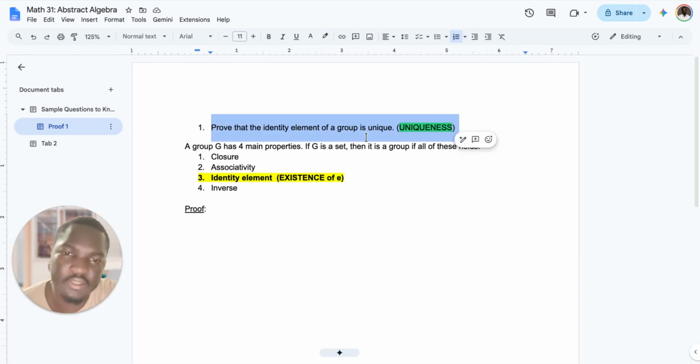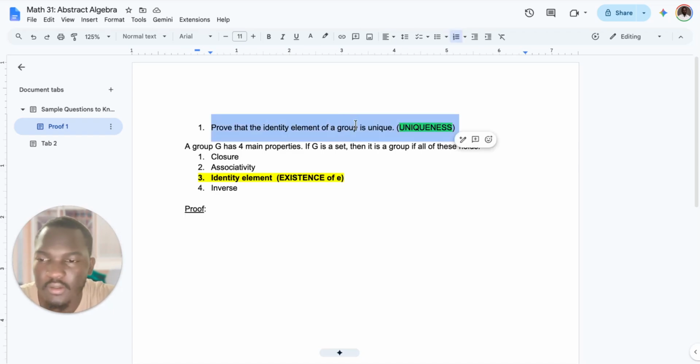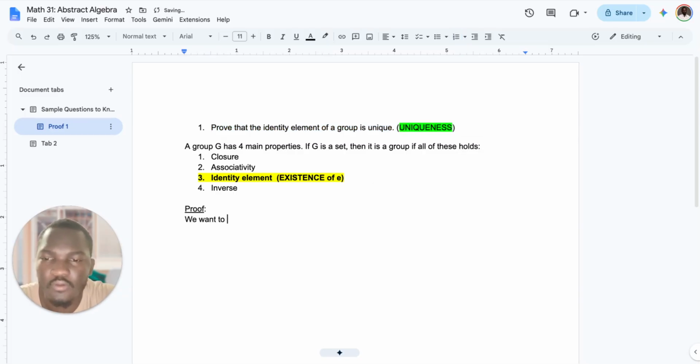So let's attempt this. What if it's not unique? Can we find a contradiction if we say it is not unique? Let's see what that gives us. We want to prove that a group G has a unique identity element. Now suppose E is not unique.